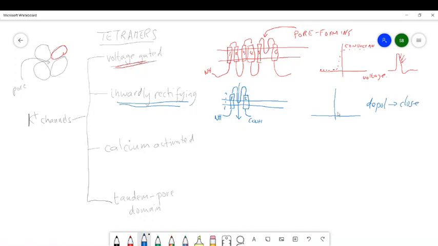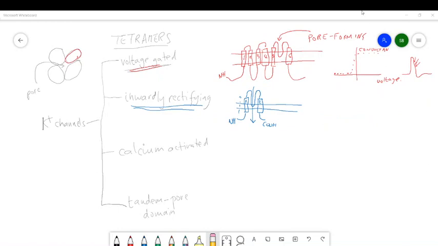So they're usually open at hyperpolarized potentials, but they close when they're depolarized. So what typically happens when you steadily depolarize them is, at hyperpolarized potentials, you get this inward potassium current. There may be a slight outward, but then it closes like that. So it tends to prefer potassium entering the cell.